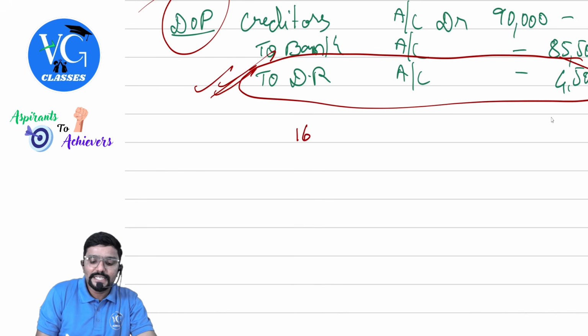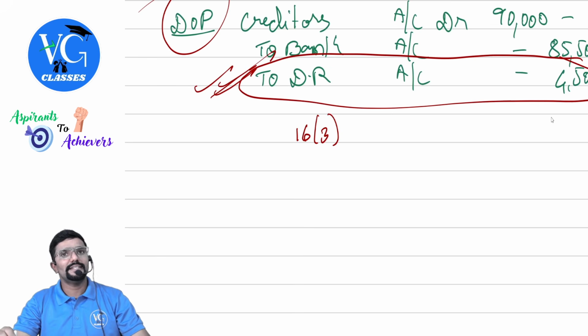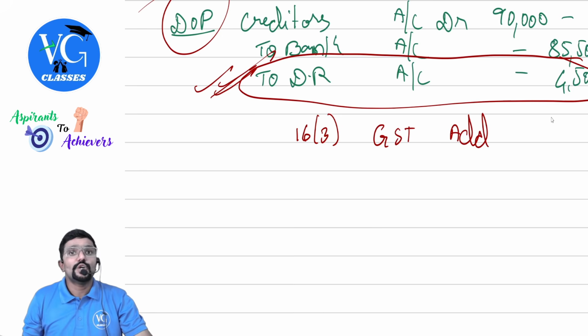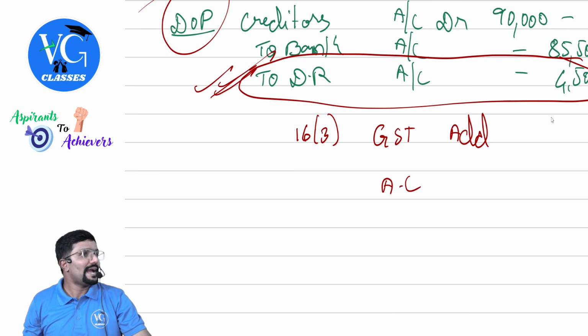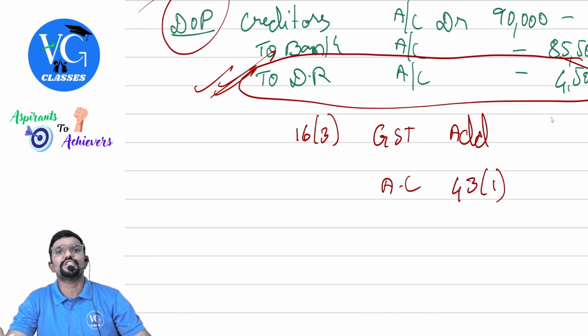Guys, section 16 subsection 3 of the CGST Act tells that if you have claimed, or else if you have added GST to the block of the asset to calculate actual cost. Actual cost for which purpose? Income tax purpose. Actual cost computation in income tax is given in which section?